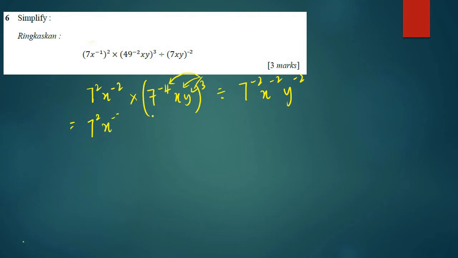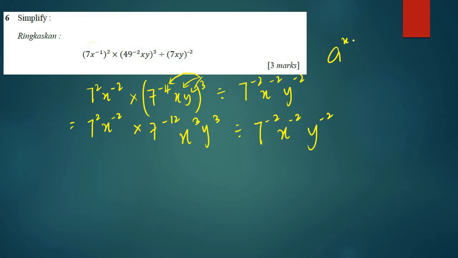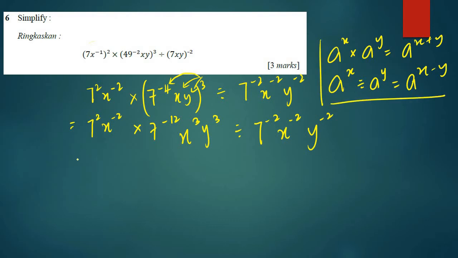We know the rules of indices: a^x times a^y equals a^(x+y), and a^x divided by a^y is a^(x-y). So we know that times means plus the index and divide means minus the index.